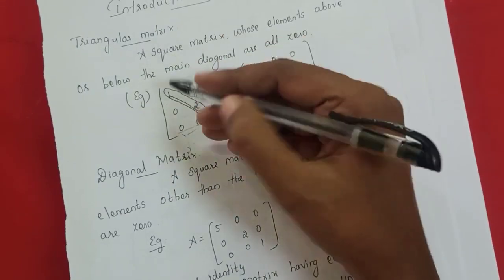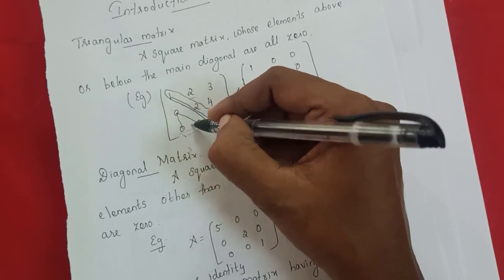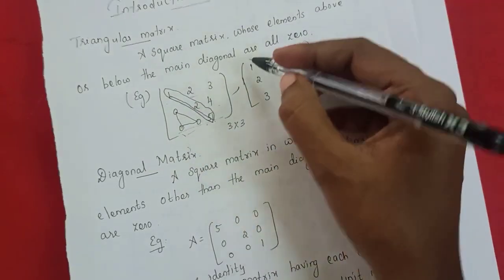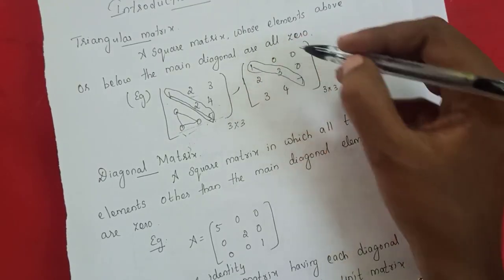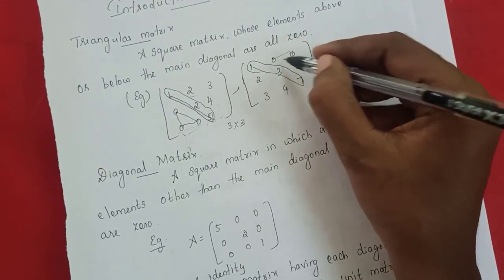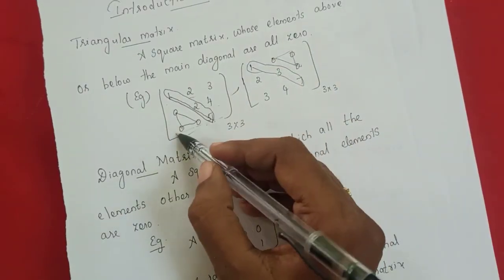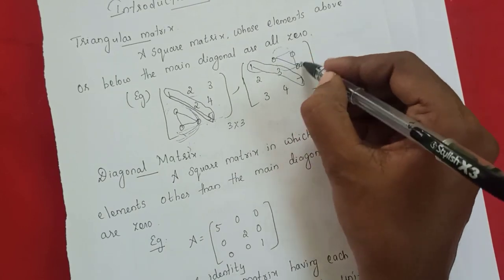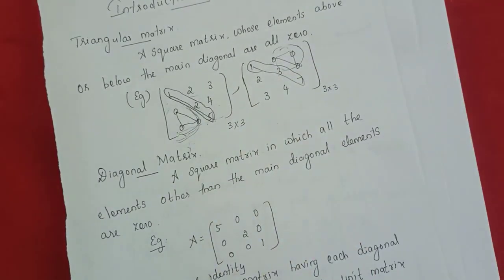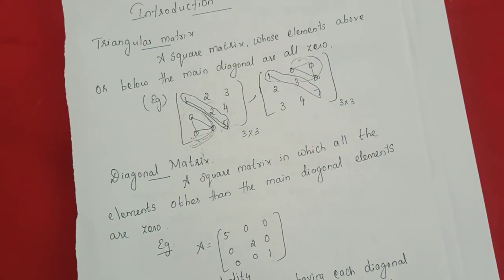If you draw and see like this, you will get one triangle. Correct? Same as that. In this example, you see, this is a diagonal, and the upper elements are all 0. So if you need to say this, we will say this is a lower triangular matrix, and this is an upper triangular matrix. So now all of you understand what we mean by triangular matrix.